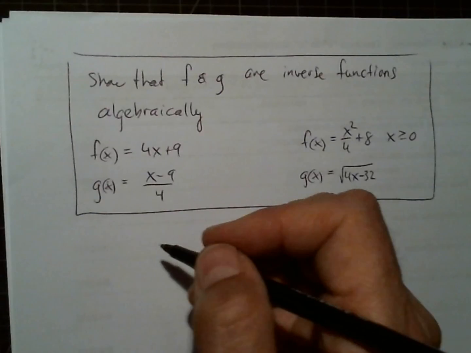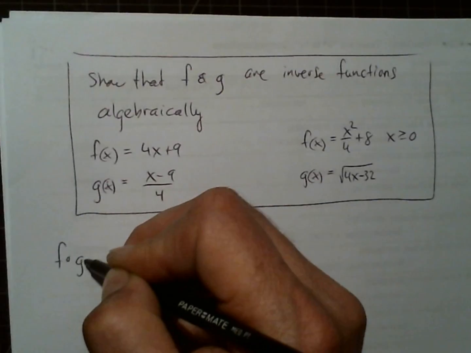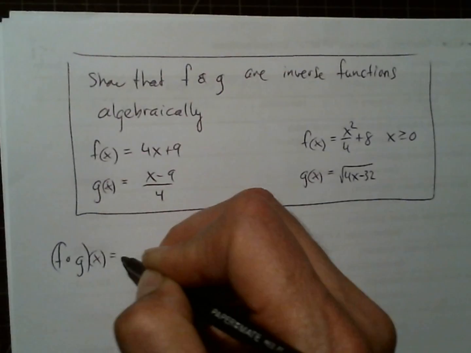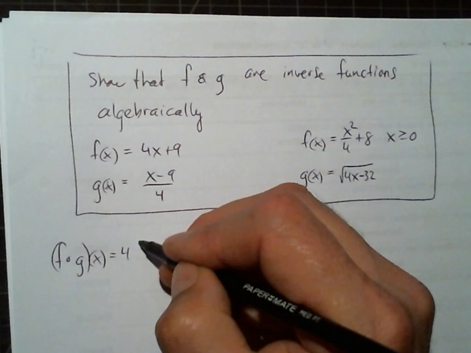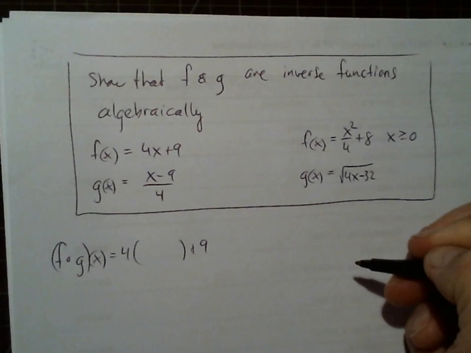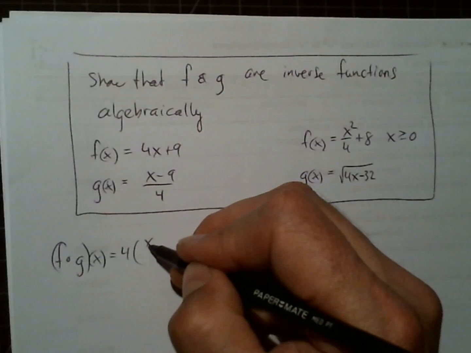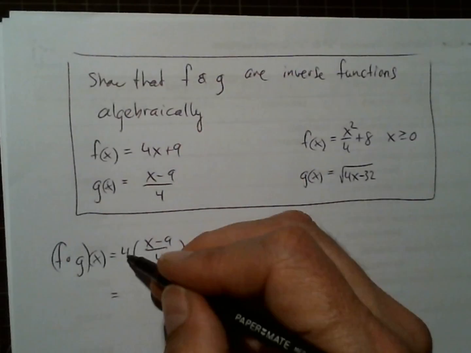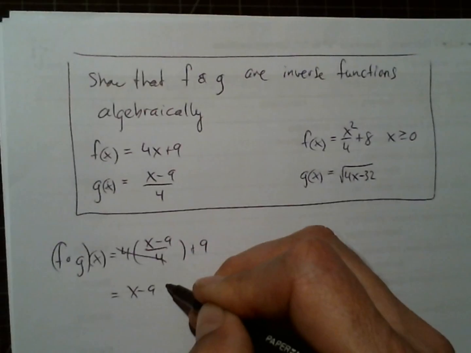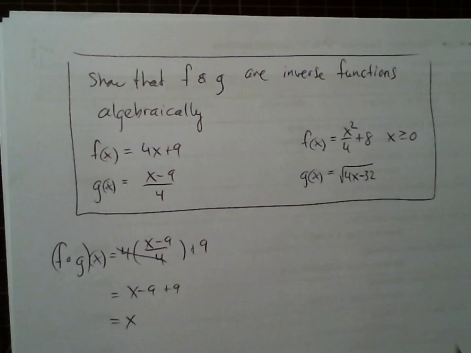So f of g is going to be f of g, and the 4's cancel, x minus 9 plus 9, and we get x.